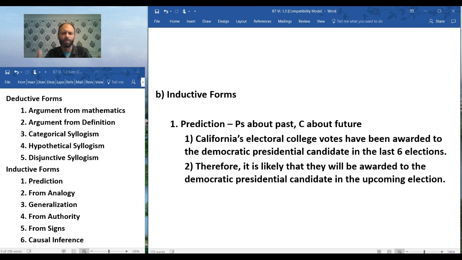Also, something sort of weird that I'm assuming whenever I'm making a prediction about the future is that events that happened in the past would be some guide to what's going to happen in the future. But then I might wonder, how do I know that events in the past can be a guide for things that are likely to happen in the future?